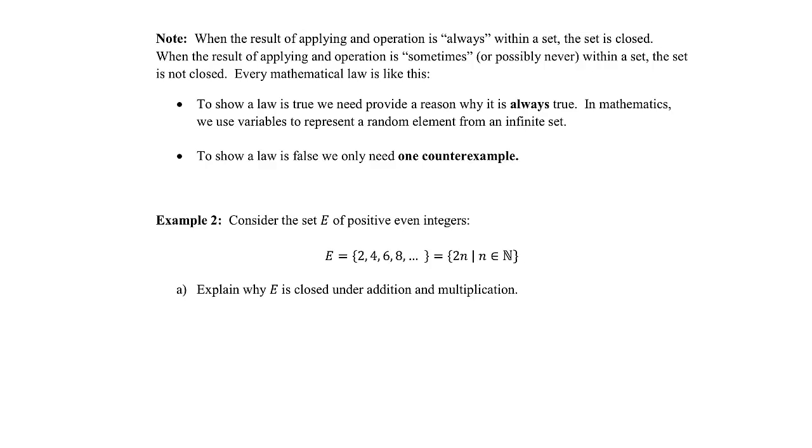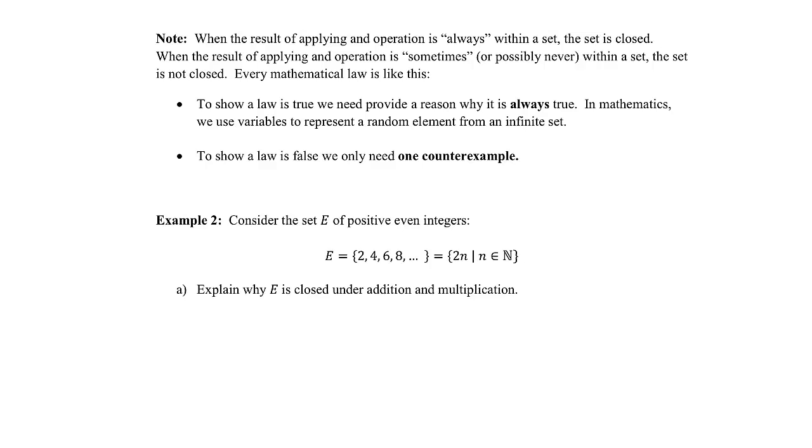So to show that a law is true, we need to provide a reason why it's always true. We need some kind of what mathematicians call a proof. That's simply an explanation that tells you and convinces you why the law is true. And often you might need some kind of variable to represent a random example to show that every single example fits the law.